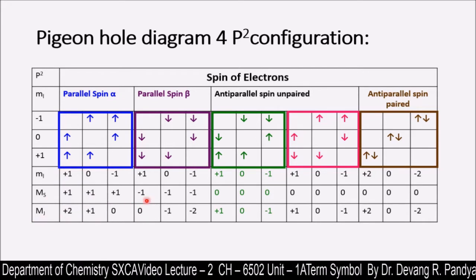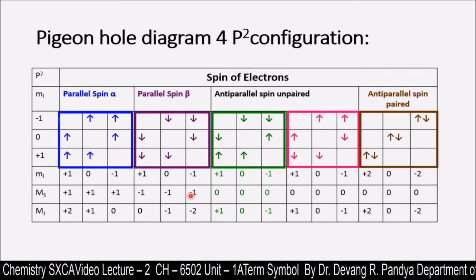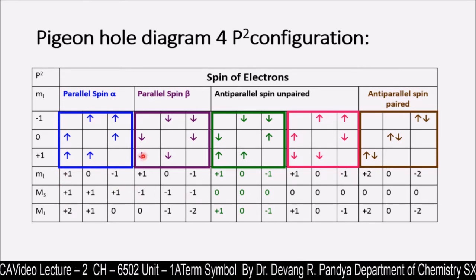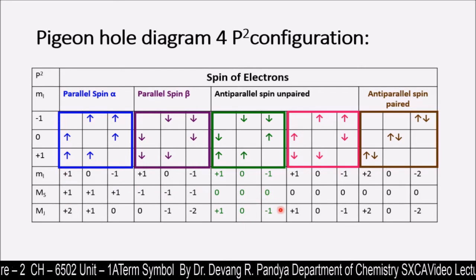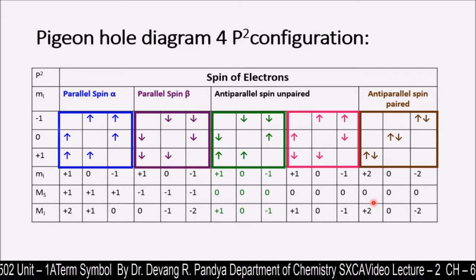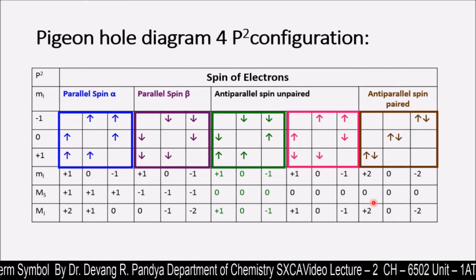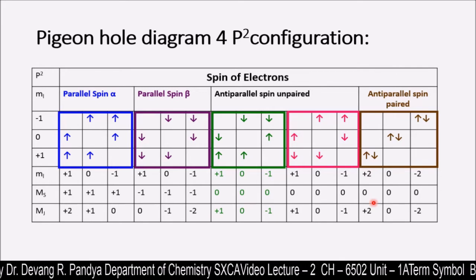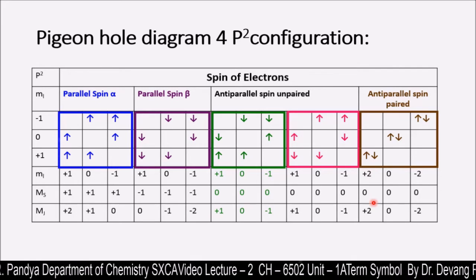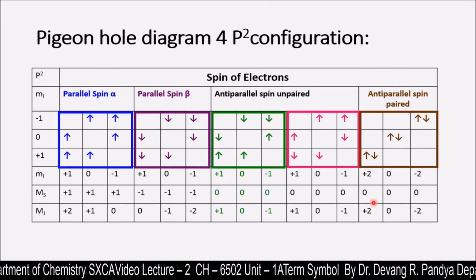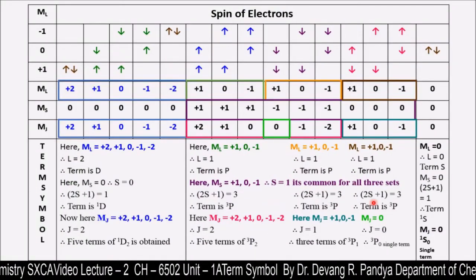But this is going to give us a very complicated arrangement, and for each individual case we need to calculate and assign a term symbol. That is going to be more work for us. So to reduce your work, I would like to give you another pigeonhole arrangement, that is this one.